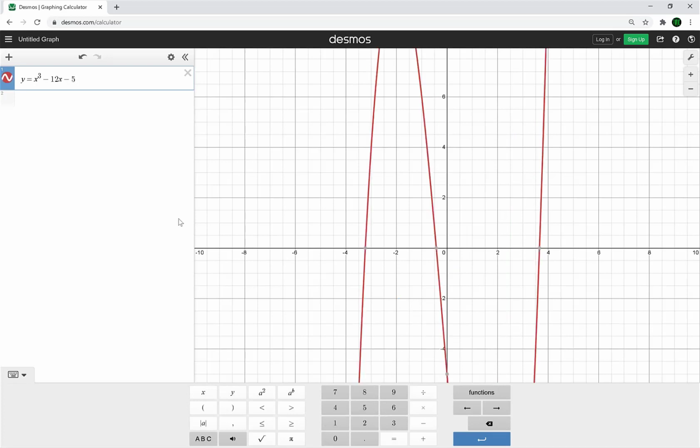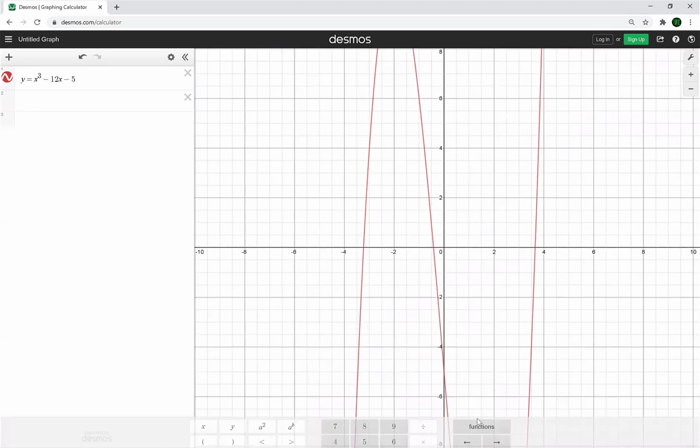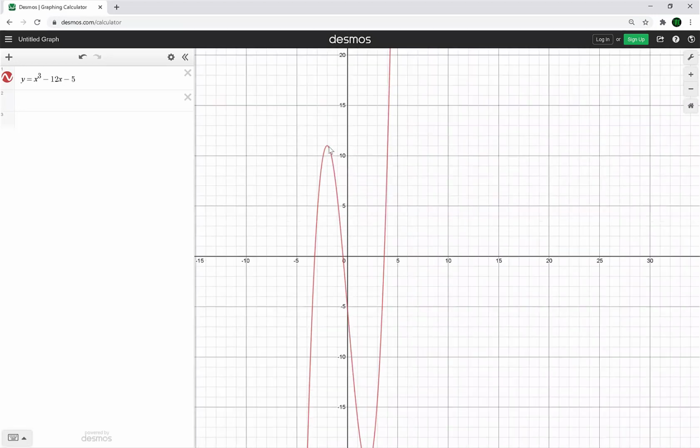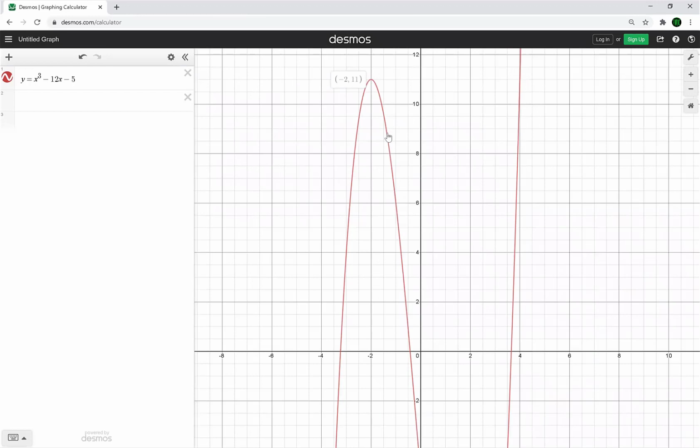All right, and then I got a point at negative 2. I'm just going to zoom out and check it out. Look at that, guys. At negative 2, that definitely is a max. Notice that I'm concave down and I have a horizontal tangent there. Yay, the math works.